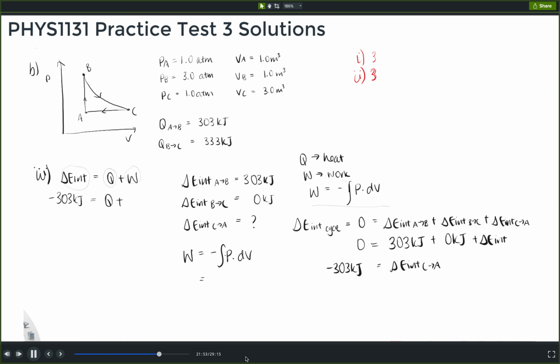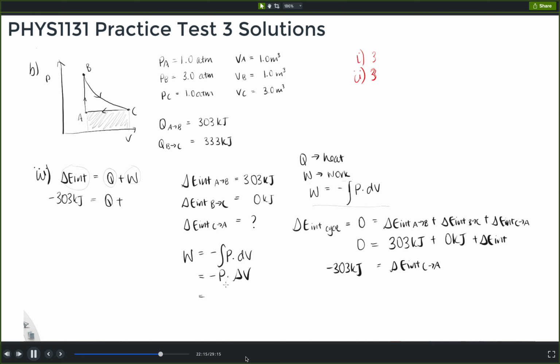And we also know what the pressure is at this point. This is just for small changes in volume, so what we can say is P times delta V. All we have to do here is work out what the area under the curve is. And we can see that it's just a rectangle. So let's go ahead and do that.